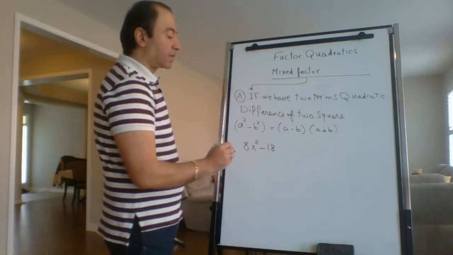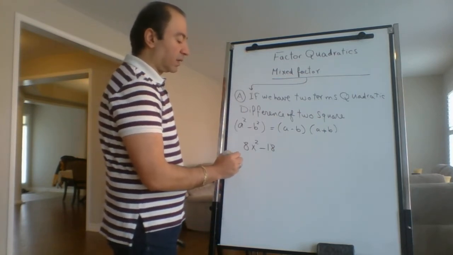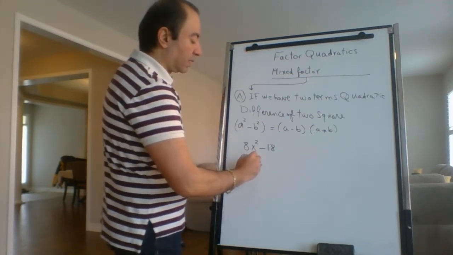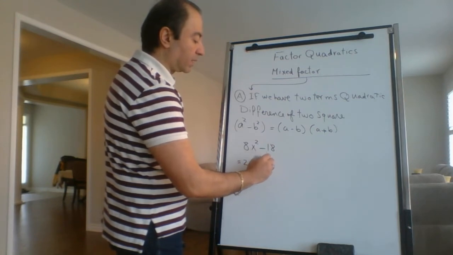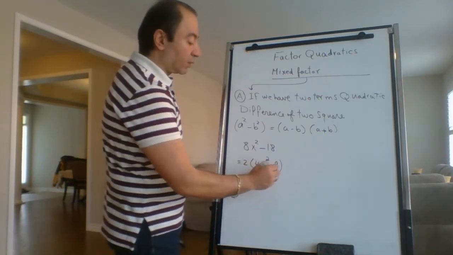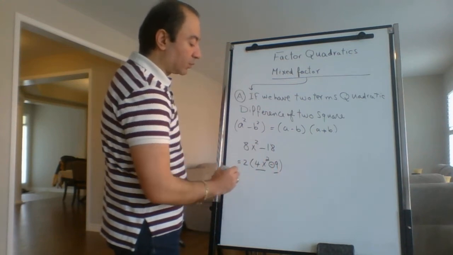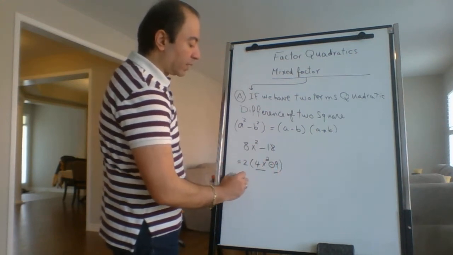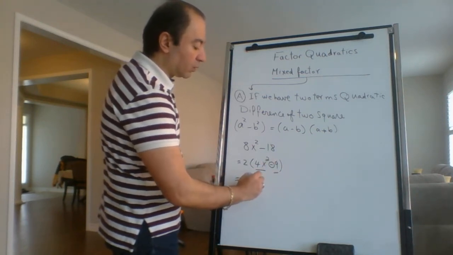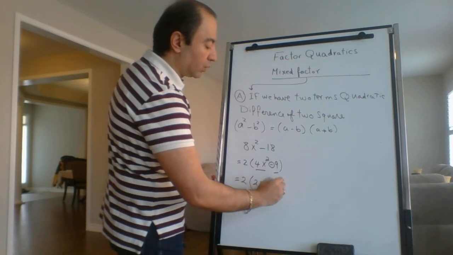Again, the first step of any factoring is to look for common factors. So 2 is common. That will leave inside 4x squared minus 9. This is a perfect square, this is a perfect square, and minus between them, so we can factor as 2, then we factor whatever remained: 2x minus 3, 2x plus 3.